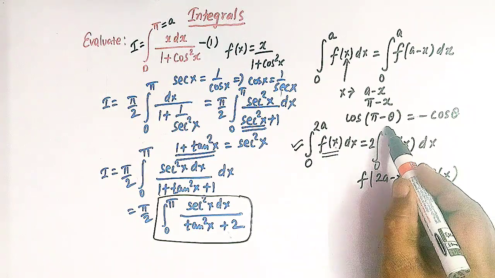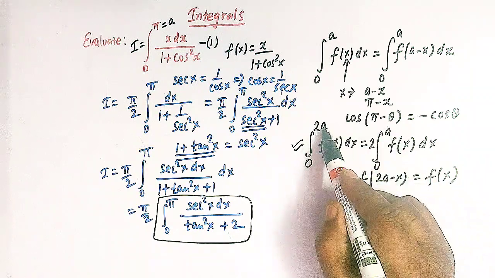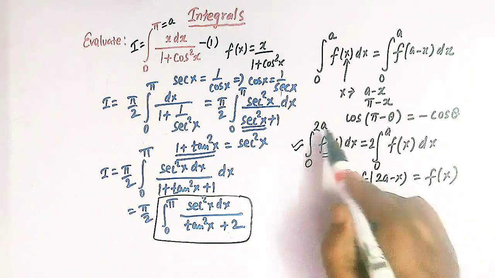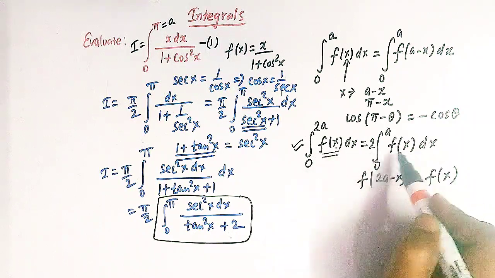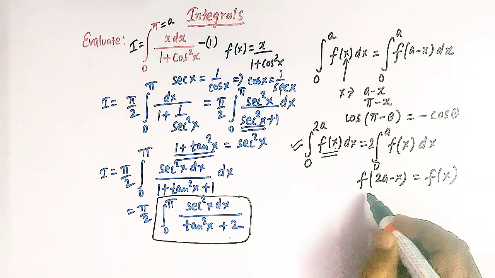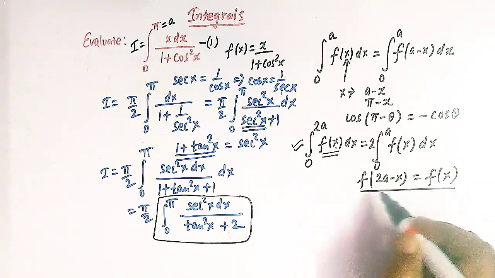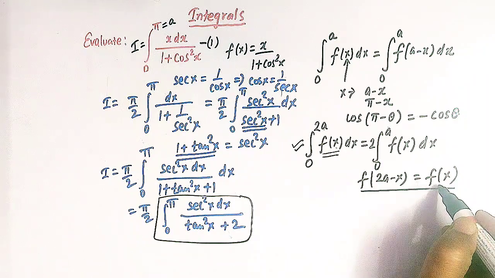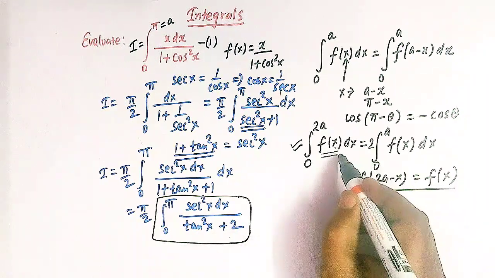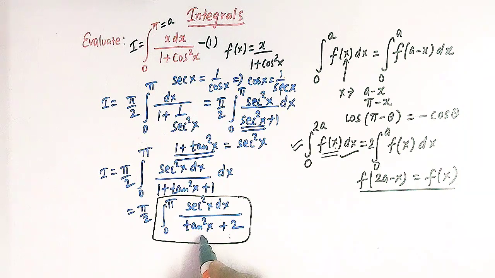So now the upper limit becomes only a, that is half of 2a, and we have f of x dx. This expression is valid only when the condition f of 2a minus x equals f of x prevails. So let us apply this property to this integral.